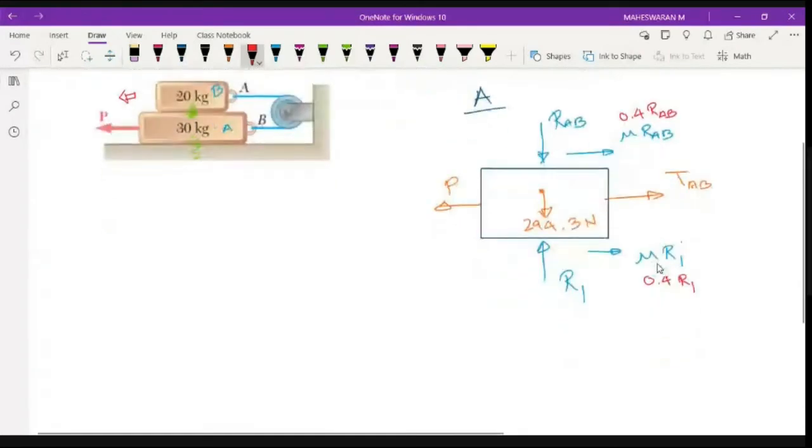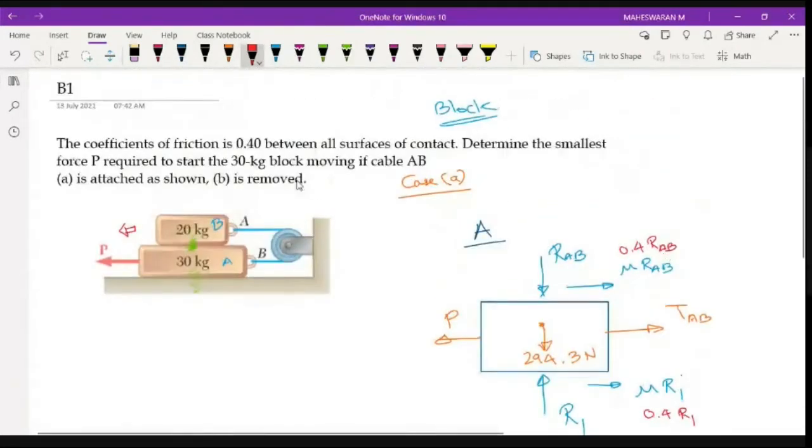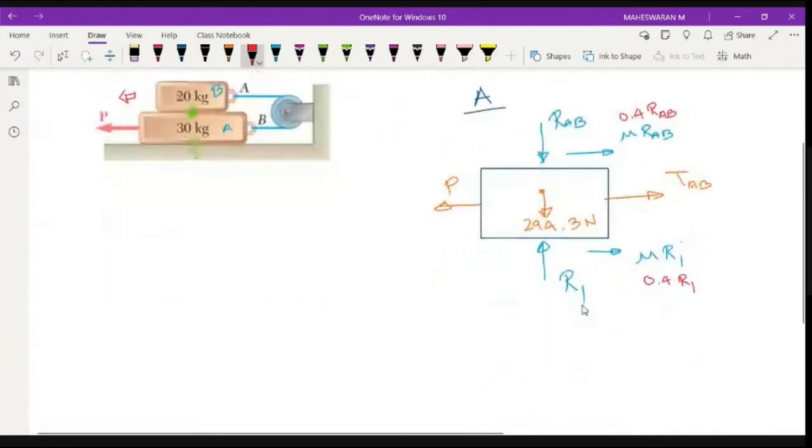They are asking for the P value, and the others are all unknown, so you have 1, 2, 3, 4 unknown forces for this particular block A.